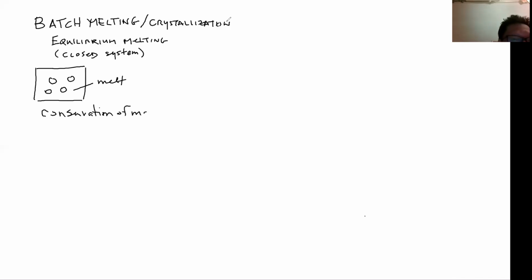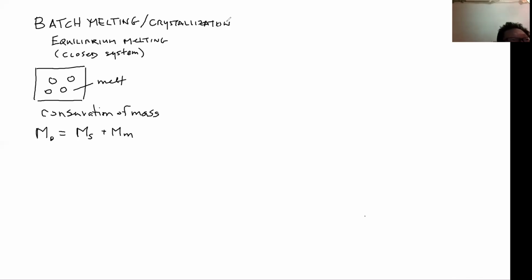That's really all you need, conservation of mass. And what we're going to do, we're going to assume that the mass of this whole system is m0, okay? And that, of course, must equal the mass of all the solids plus the mass of the melt, right? And it's because it's a closed system, so that holds at all times.